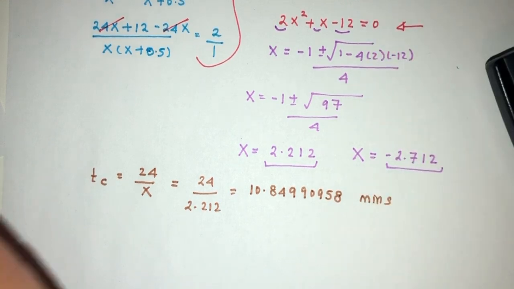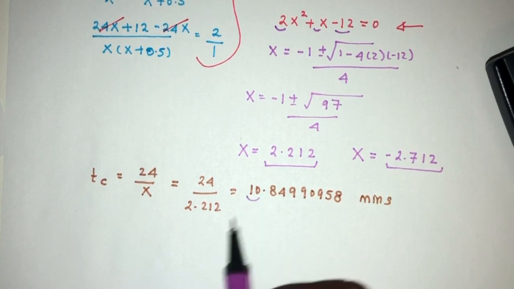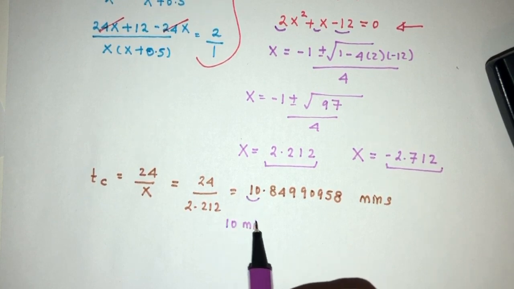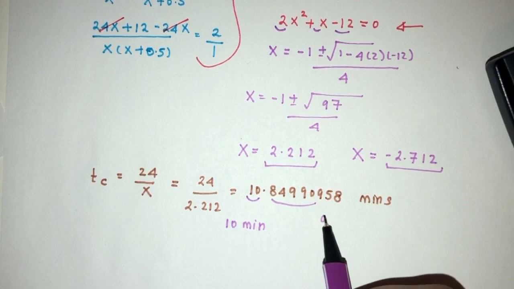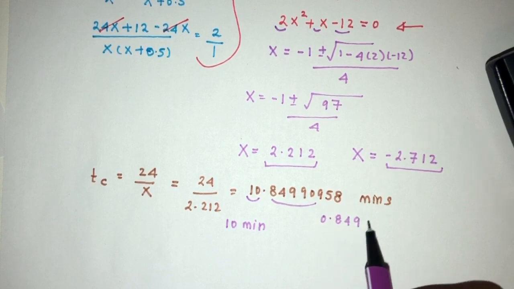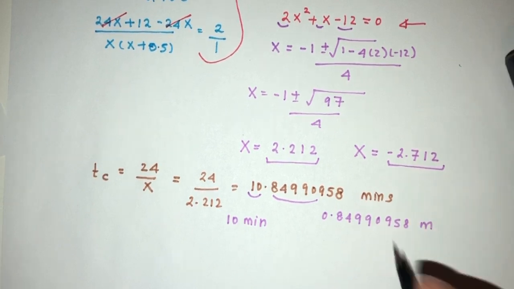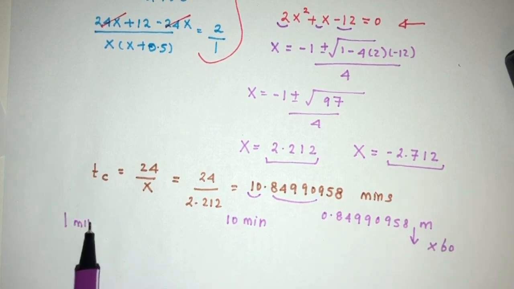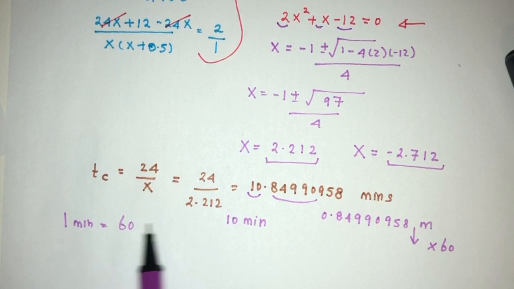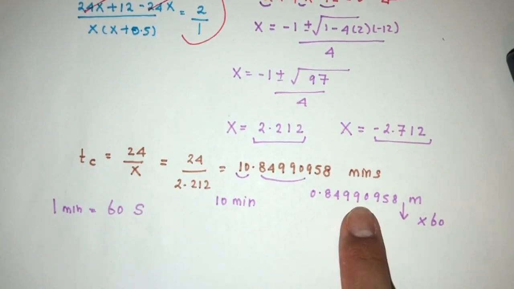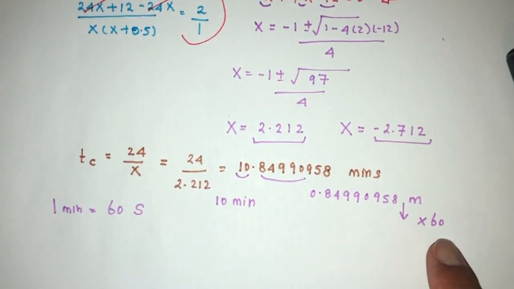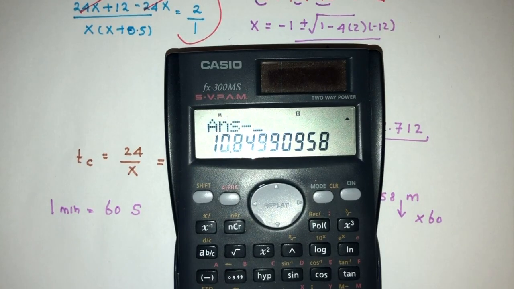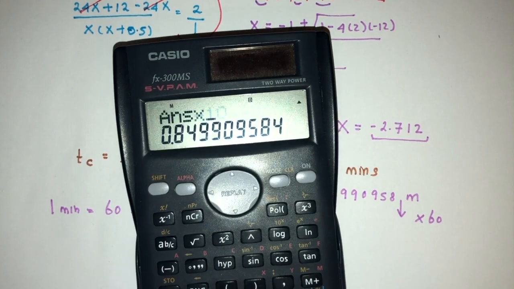So we can break this down. That will be 10 minutes, and this will be 0.84990958 minutes. Now, how can you convert minutes to seconds? You have to multiply by 60, because we know that 1 minute is equal to 60 seconds. So first take out 10, then multiply 0.84990958 by 60.